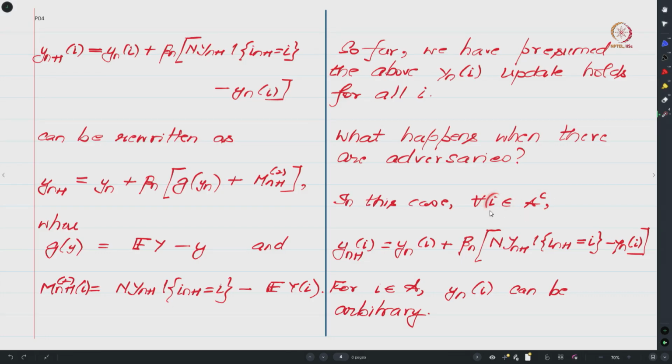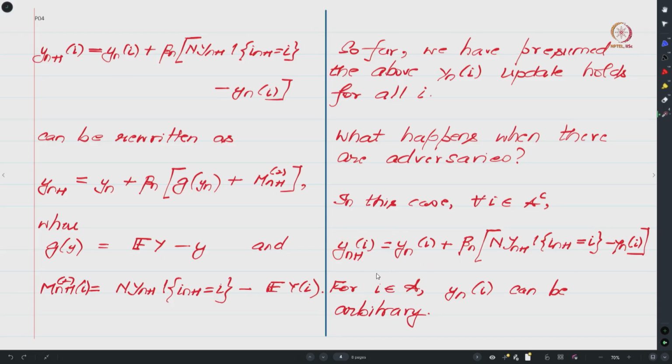So for any i in A complement, which means that this index i is not adversarial, so for such non-adversarial or honest coordinates, indeed the update rule matches what we have over here, right.